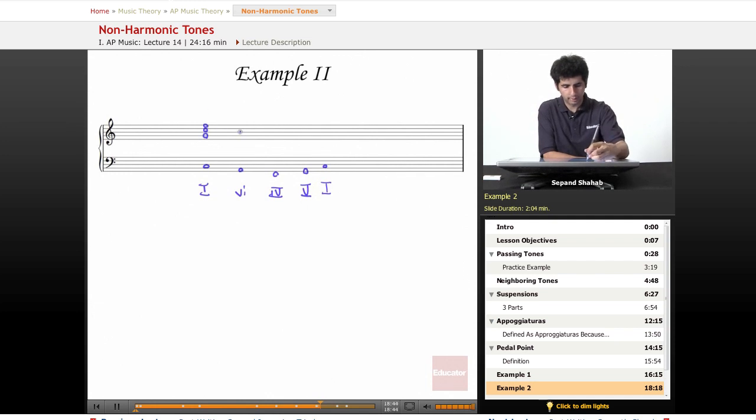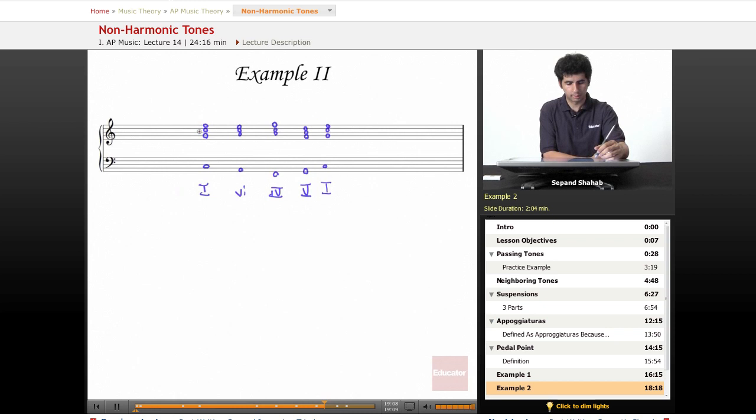And so again, with these part writing exercises, you always want to keep the common tones held over, and then move the other voices to the closest possible note. And now let's say we're asked by the question to provide some passing tones and neighboring tones.